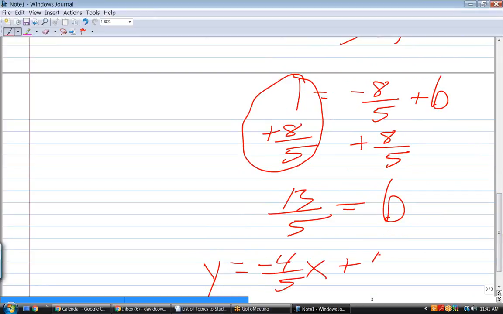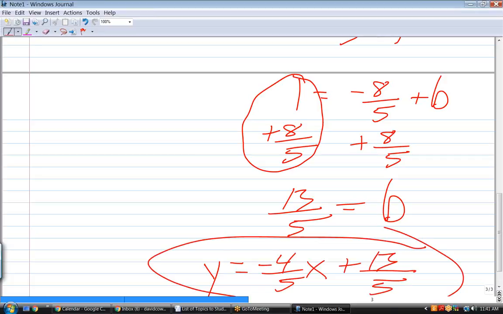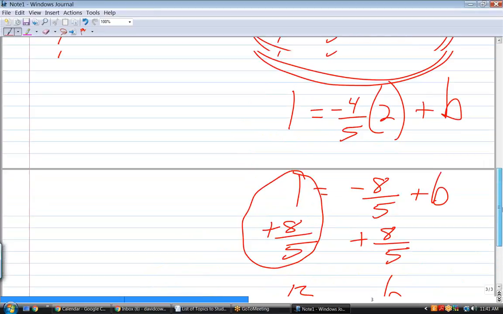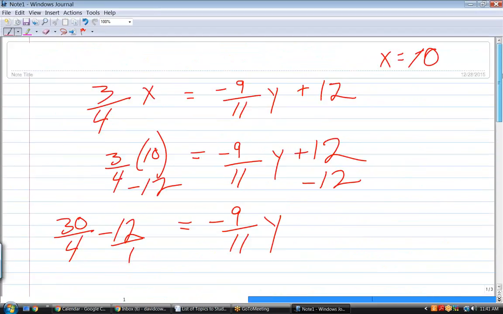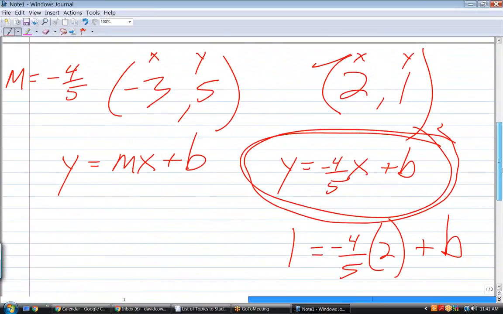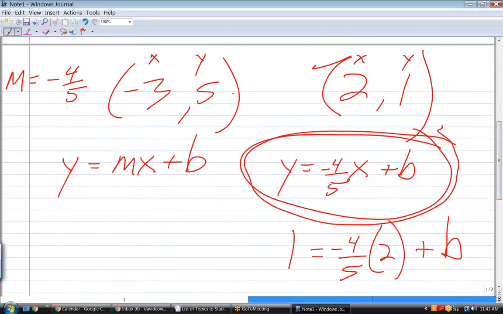There you go. If you can do that problem every single time, then you're halfway home. Because they're going to either give you 2 points or 1 point and 1 slope.